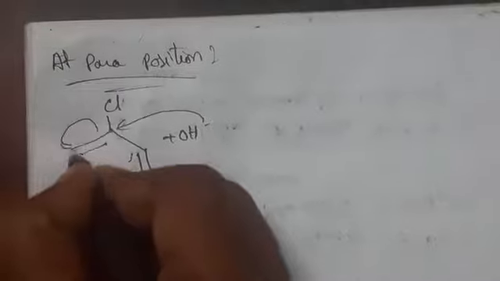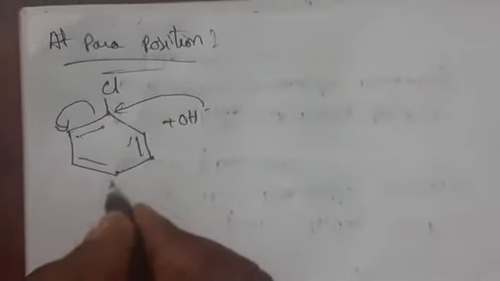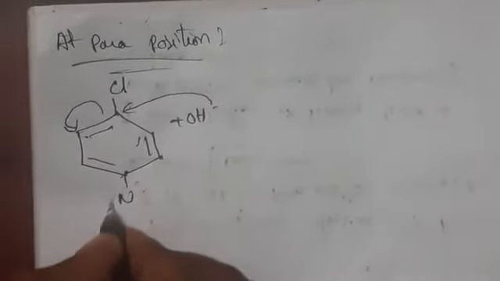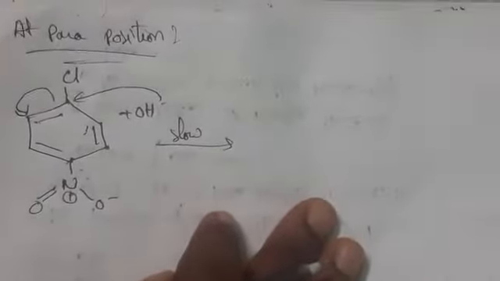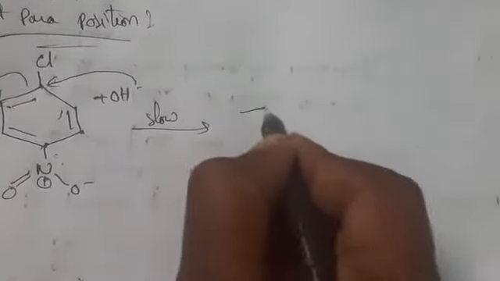If you turn the bond here, what is happening? The NO2 structure is this one, N double bond O plus, O minus. So this is a slow reaction at para position we are doing. Okay, so we are going to get these resonance structures.